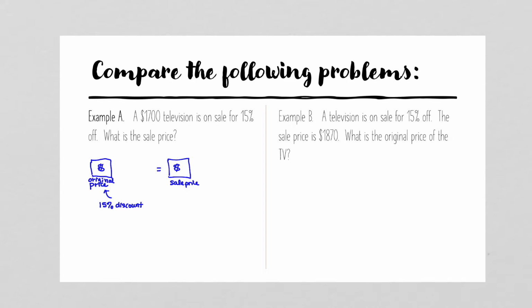That means whatever the original price is for the television set in any example is going to be our base. We will be taking a percentage of our base, and we're going to wind up with our sale price, and that makes our sale price from our percent equation the amount.